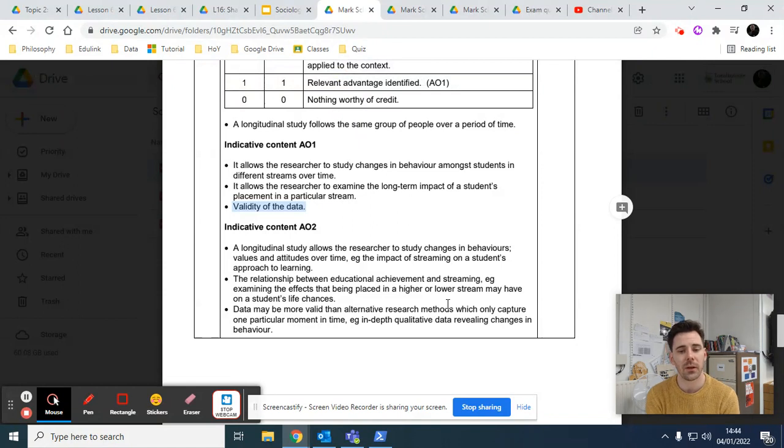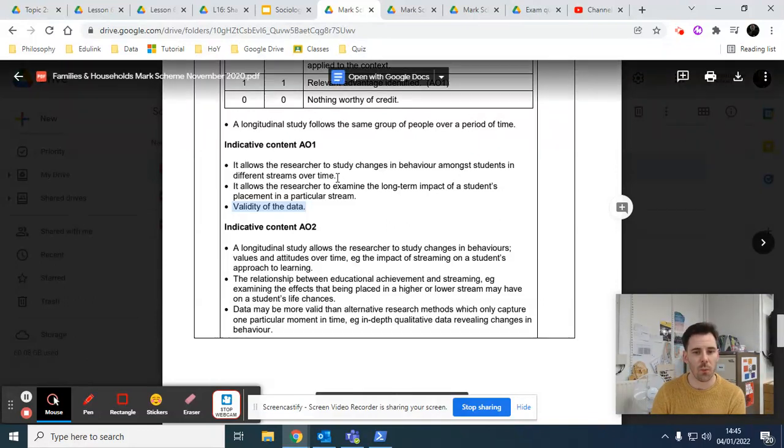It also lets me look at the long-term impact of a student's placement. So whether or not they go on to university, whether they go on to higher paid jobs, I can see if there's a correlation, a connection between that and the streams they were put in. Now, I need to develop those points further, so I don't need to give all 3.